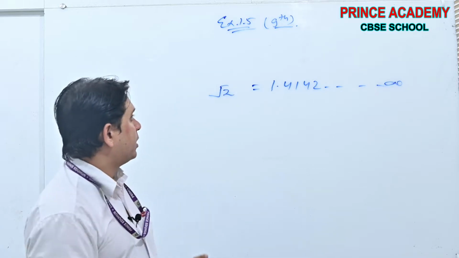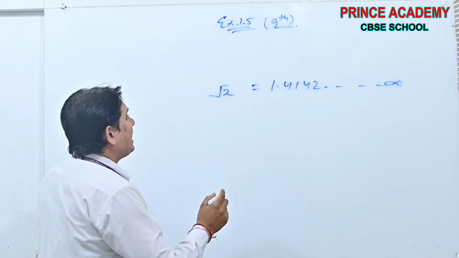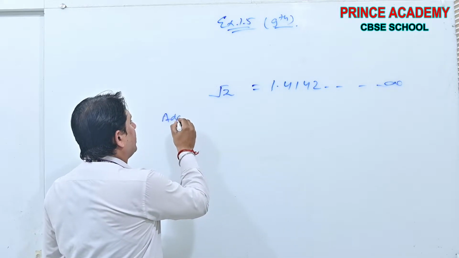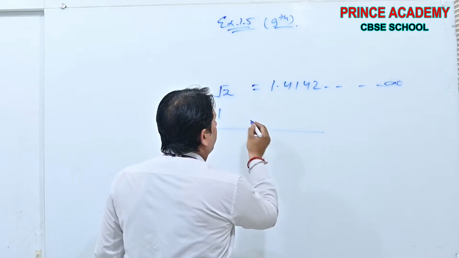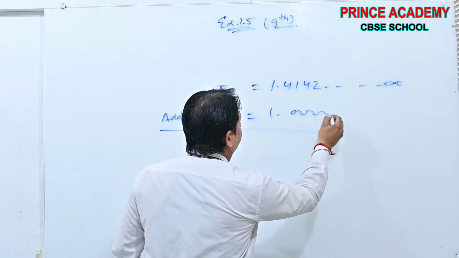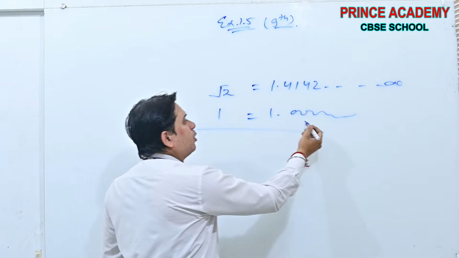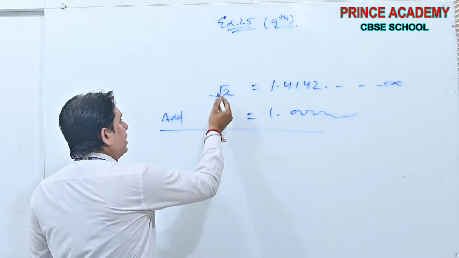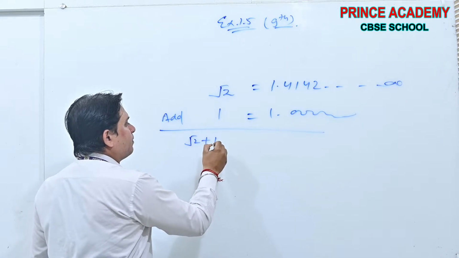Now see, if I add 1 to it, after decimal the whole thing stays the same. Yes or no? Here it will be root 2 plus 1.